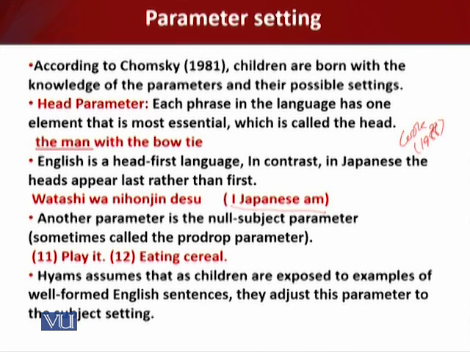Another parameter is the null subject parameter. It is grammatically acceptable in languages such as Italian and Spanish to drop the subject of a sentence. In other languages such as English, this is not permitted. This parameter then has two values, subject and null subject, as proposed by Hyams.